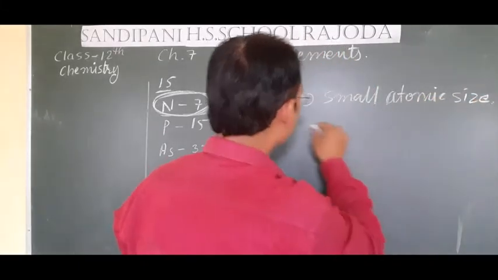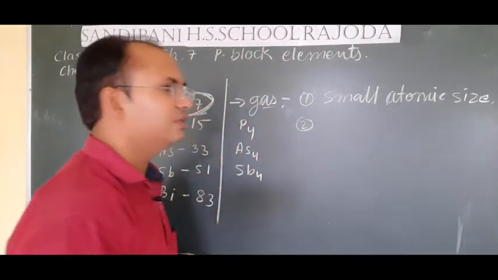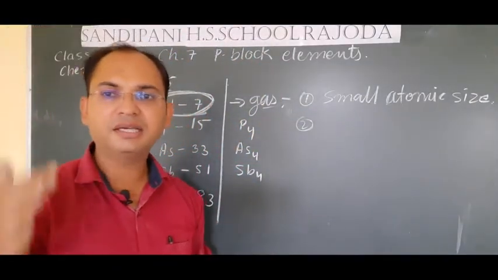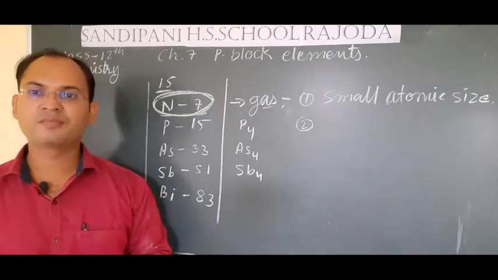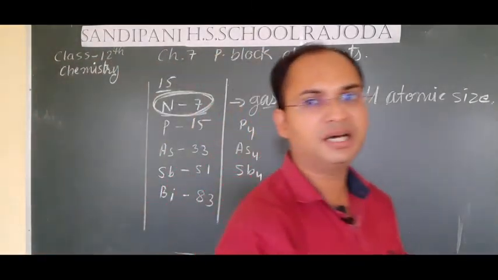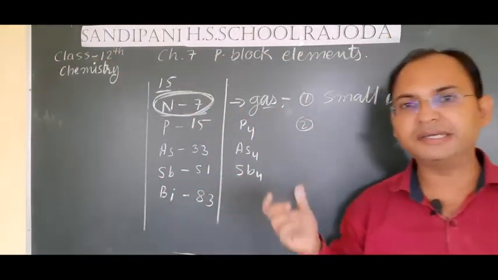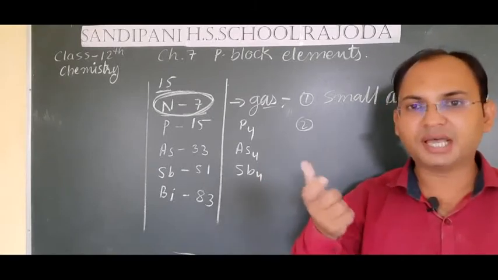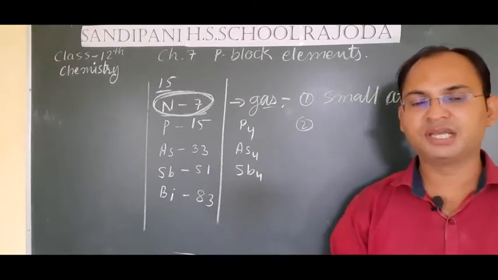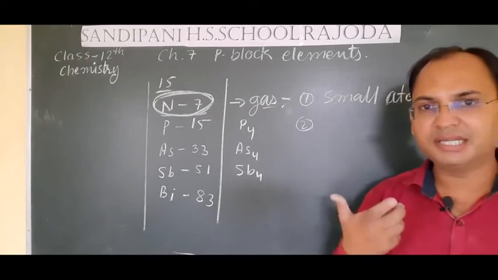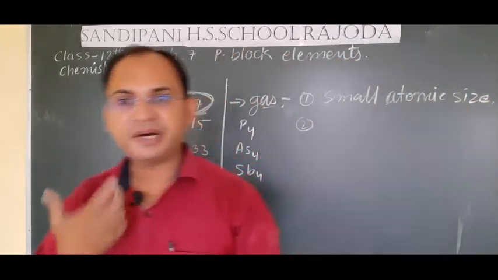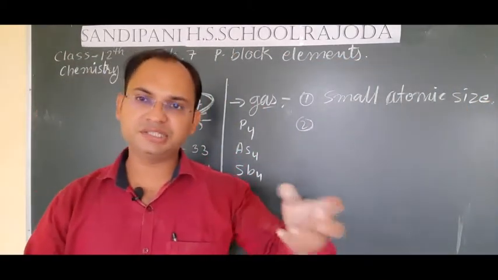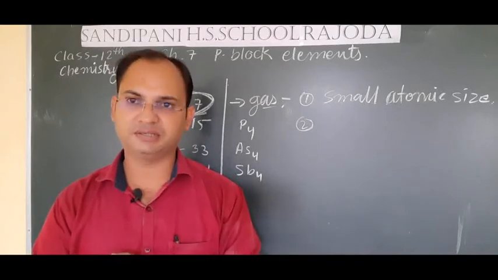The second reason behind showing the anomalous property is its high electronegativity. You have also learned in 11th class that electronegativity is inversely proportional to the size of the atom. And what is electronegativity? Electronegativity is nothing but the power of the atom to attract the shared pair of electrons towards itself.